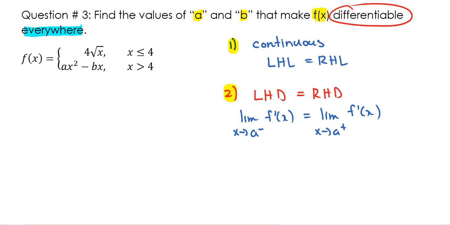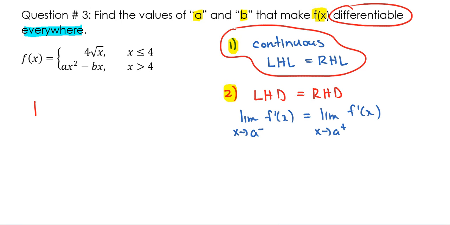Okay, so let's go ahead and use step number 1 here. I need to show that the left-hand limit equals the right-hand limit. So let's set up a limit statement. This is the limit as x approaches 4 from the left-hand side. If I'm approaching from the left-hand side of 4, that would mean I'm working with this equation first, so that would be 4 root x.